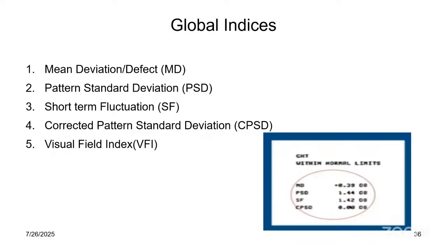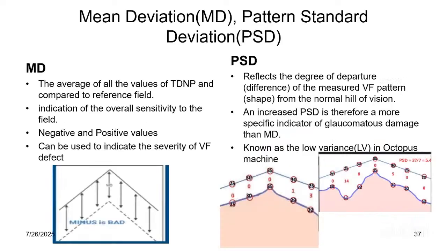So what about the global indices? We have the mean deviation or defect, pattern standard deviation, short-term fluctuation, then the corrected pattern standard deviation and visual field index. The mean deviation is the average of all the values of the total deviation numerical plots, compared to the reference field.